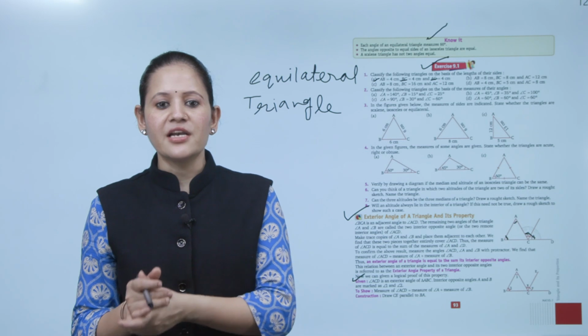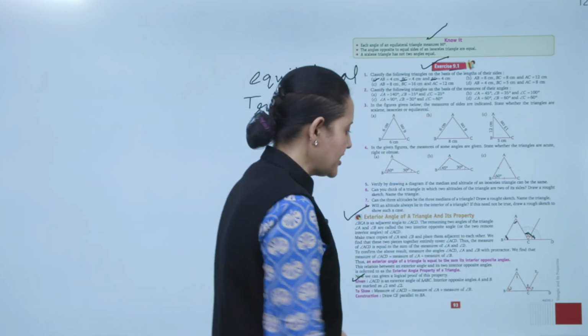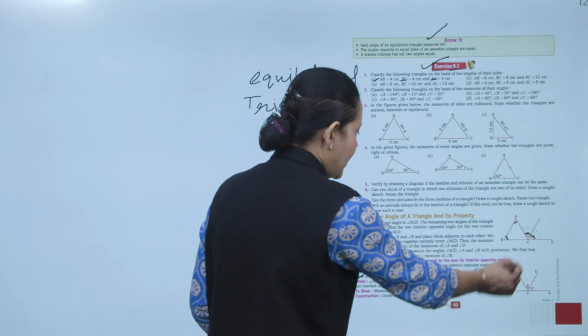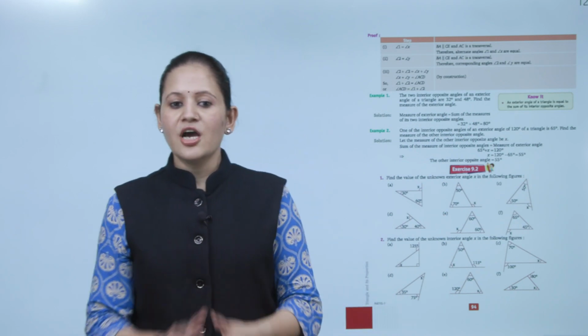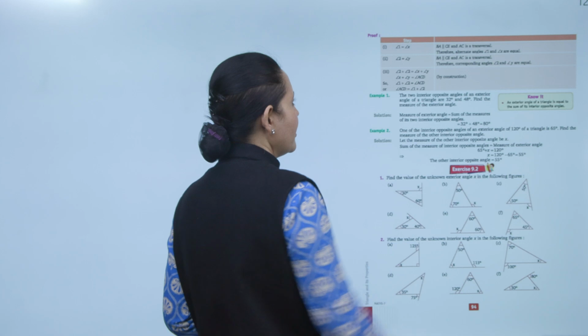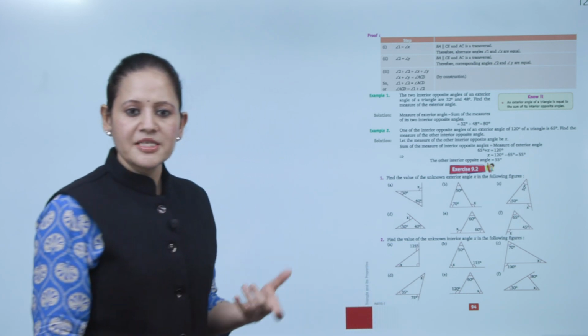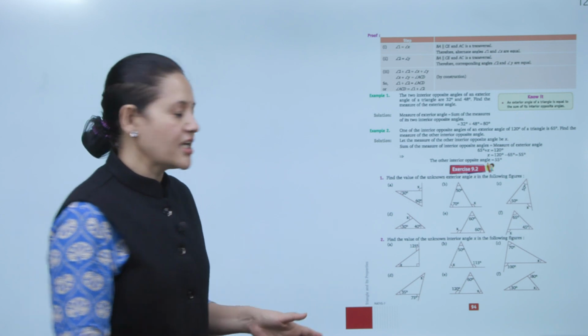Construction: draw CE parallel to BA. So in this way we drew CE, parallel to BA or AB. Now we'll find the proof. Angle 1 equals angle x, because BA is parallel to CE and AC is a transversal, so they are alternate angles and will be equal.